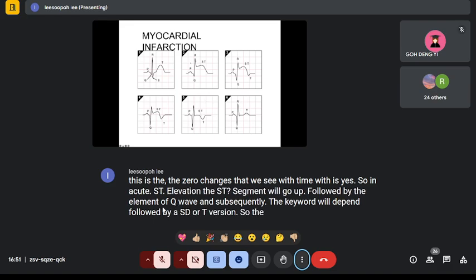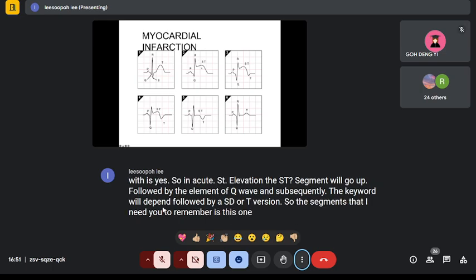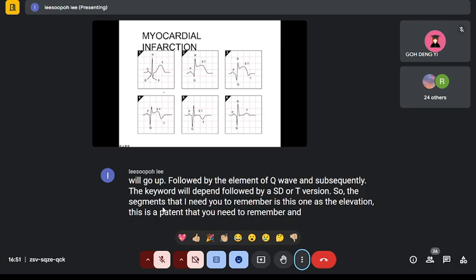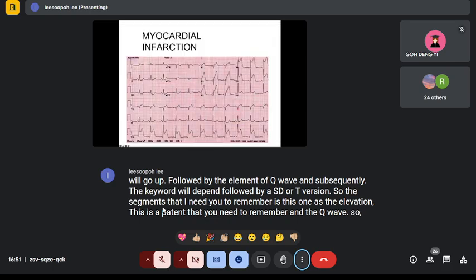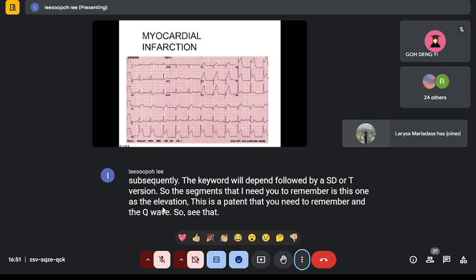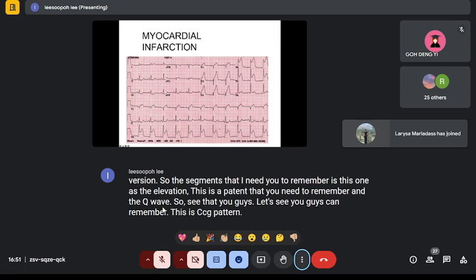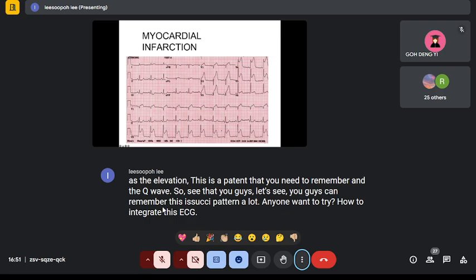So the segments that I need you to remember are ST elevation, this pattern, and the Q wave. Let's see if you can remember this ECG pattern. Anyone want to try interpreting this ECG?